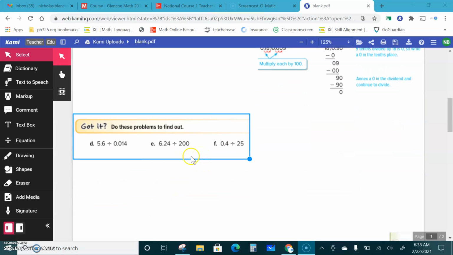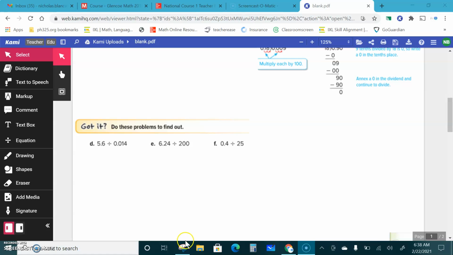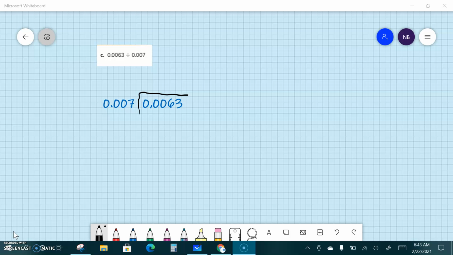Let's give this a shot. We're looking at problem C from the Got It. Let's clean this up a little bit. We have 0.0063 divided by 0.007.